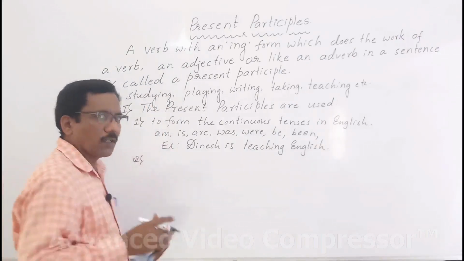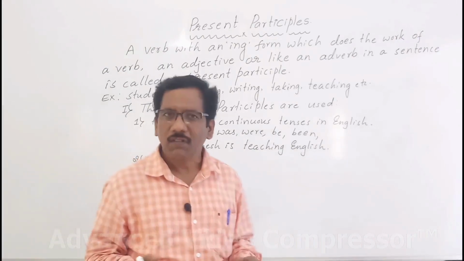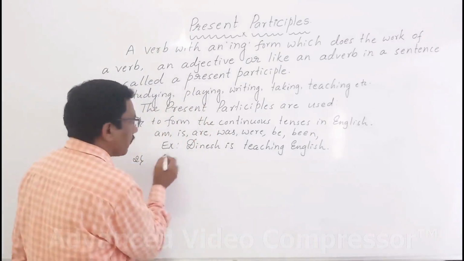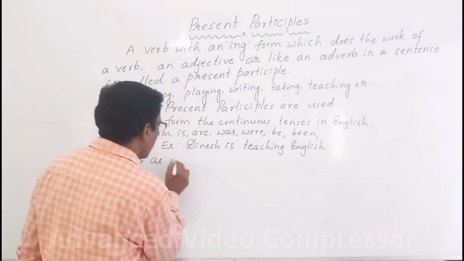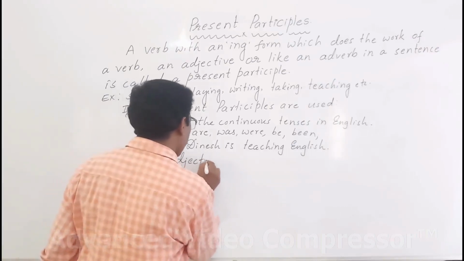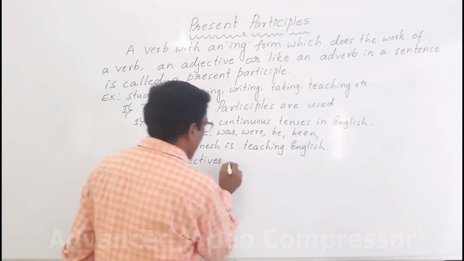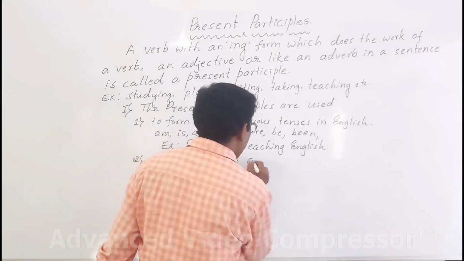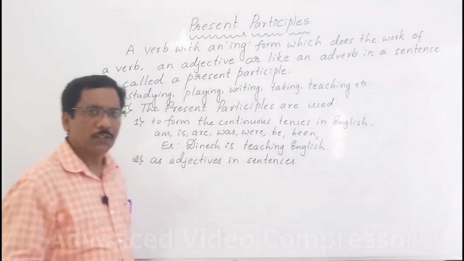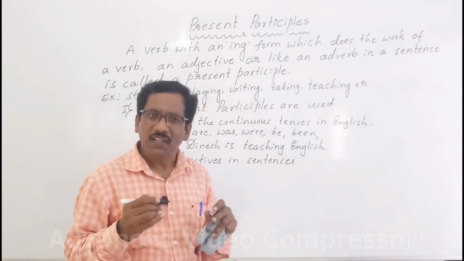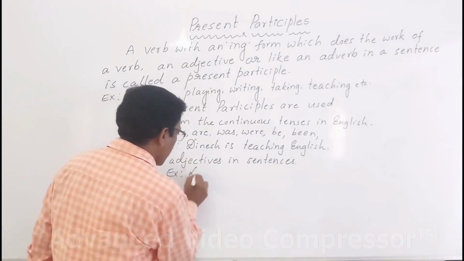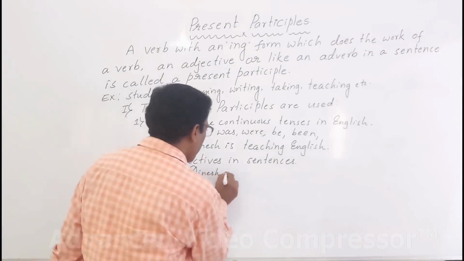Secondly, the present participles are used as adjectives in English. They are used as adjectives in sentences. For example, you know that Dinesh is an interesting person. What kind of person is he?